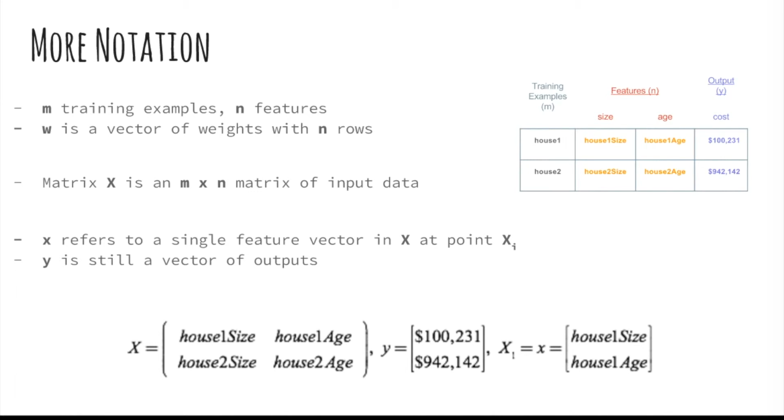Hence, we store these inputs into a matrix uppercase X, which is called the design matrix. Now, lowercase x refers to just one feature vector or one single training example in the matrix when used throughout our other functions. Meanwhile, y is still a vector of outputs that we've always seen. A tiny example dataset has been shown on the bottom right.